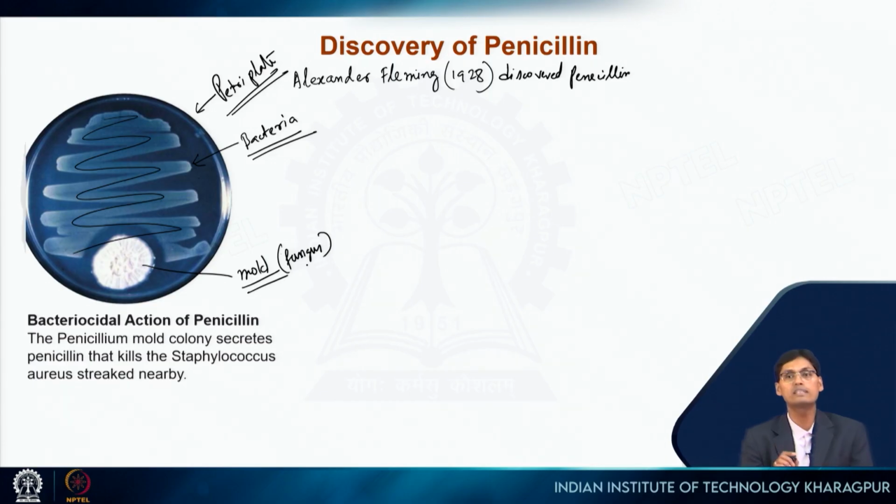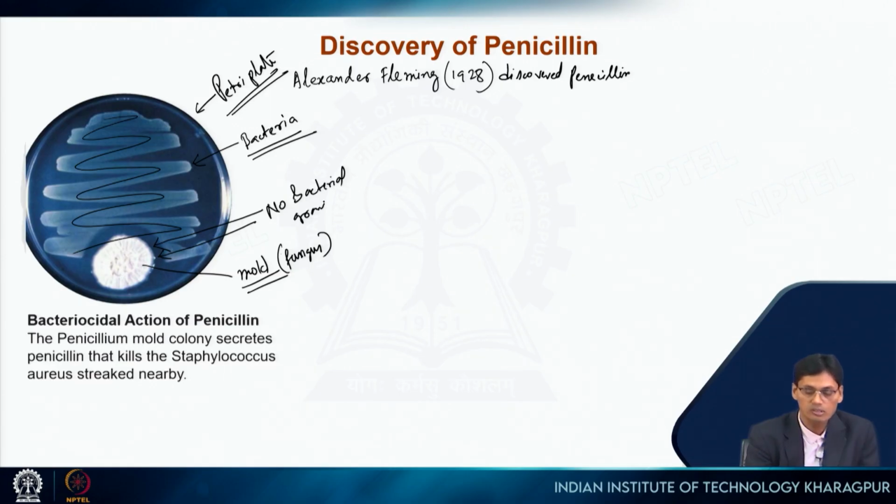More interestingly, he noticed that just surrounding the mold, in this position, there is no bacteria, no bacterial growth observed just beside this mold. So that means some bactericidal agent is coming out from this mold, which is preventing the bacterial growth. This is a great discovery.